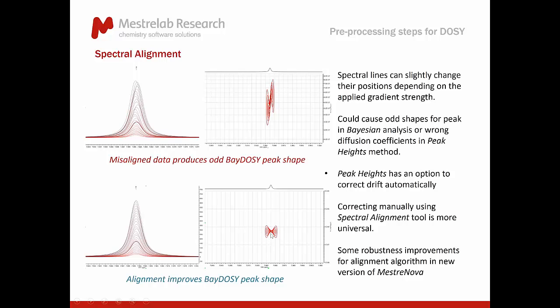We can discuss why it's happening, but it's much better and much narrower than here. It's probably happening because there are small changes in the shape of the peak during the experiment, and maybe noise contributes a little bit. But it's much better than not doing alignment. And this is not a very strong misalignment, so if you have really bad cases, you probably have much worse data than this one. The alignment tool is available in the full version of MestReNova.